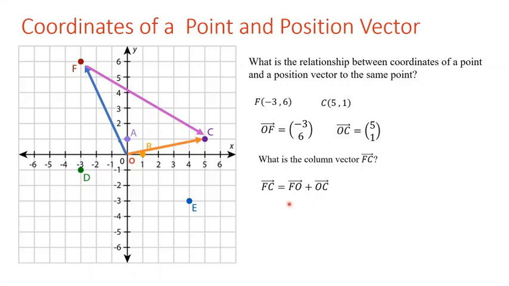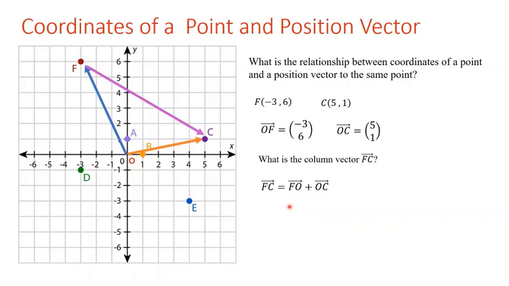So what we have here is vector FC is equal to vector FO plus OC. As I said, direction is very important. We know the position vector OF, but we are going in the opposite direction, from F to O. So that would be FO.